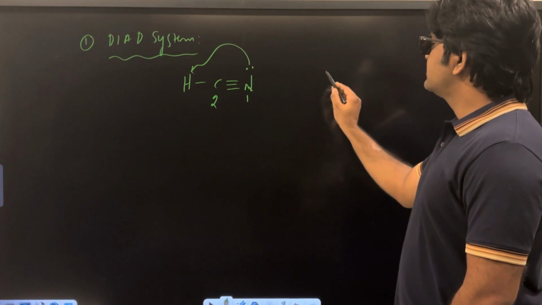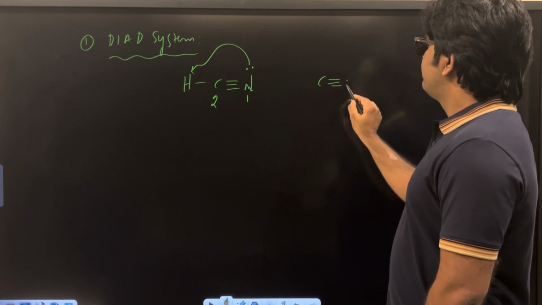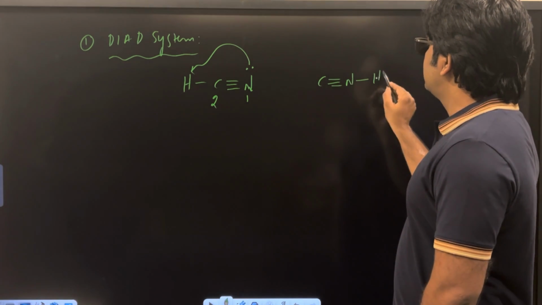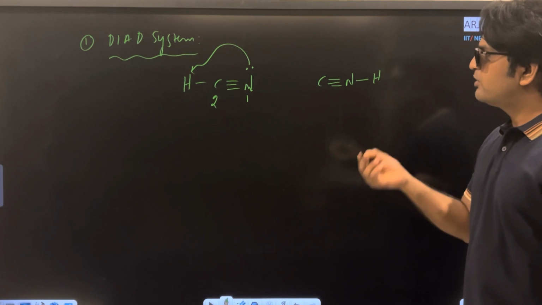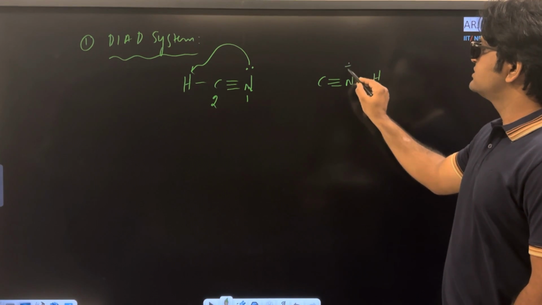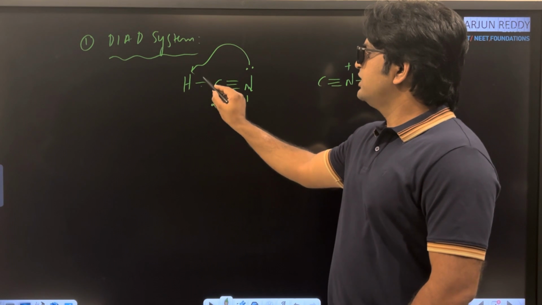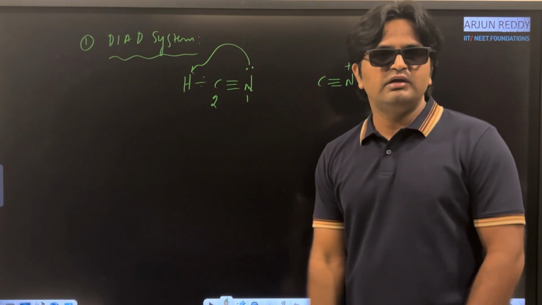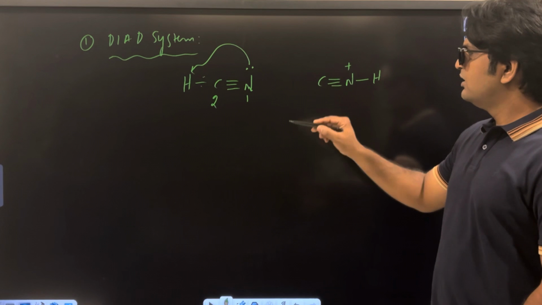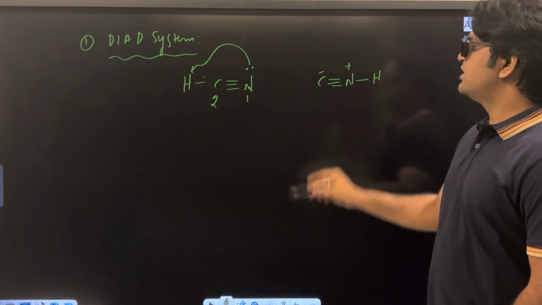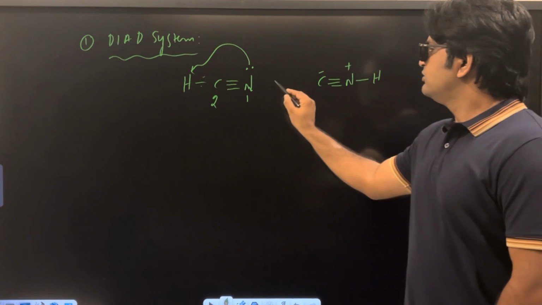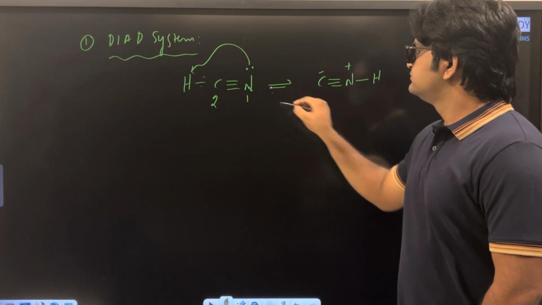After shifting of the proton, hydrogen is finally connected to the nitrogen atom. Because of providing the lone pair of electrons, what is the charge given to nitrogen? Positive charge. And here these sigma bonding electrons are left behind on the carbon atom, so we give a negative charge after removal of the proton. Now these two are in equilibrium.